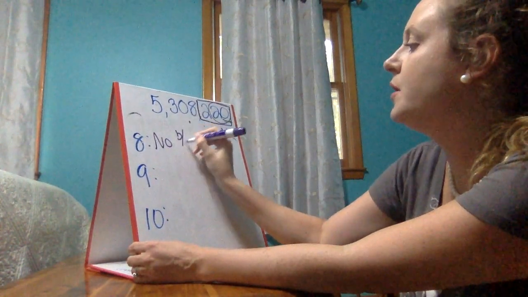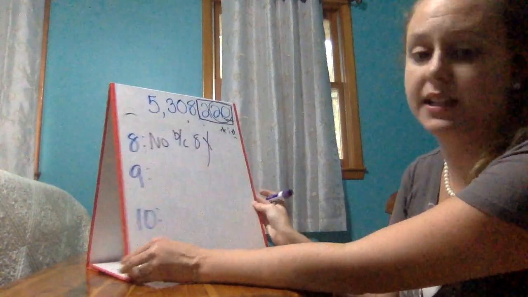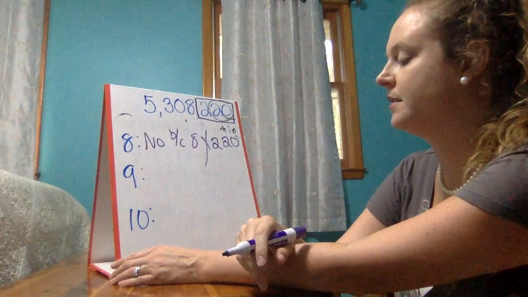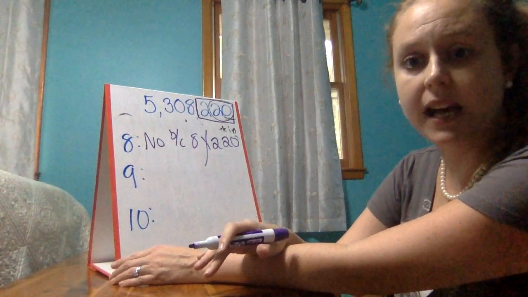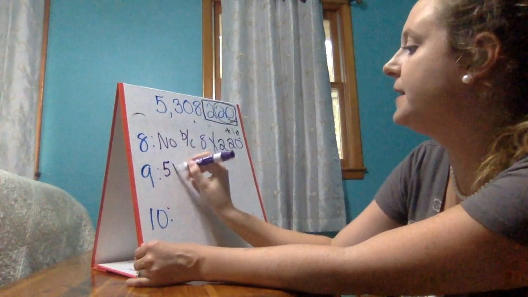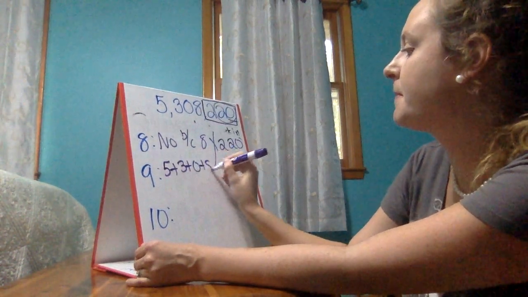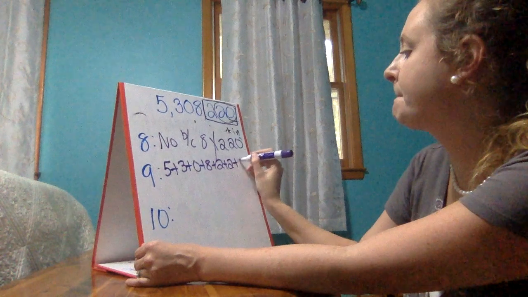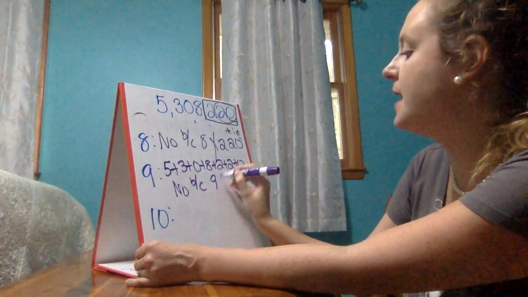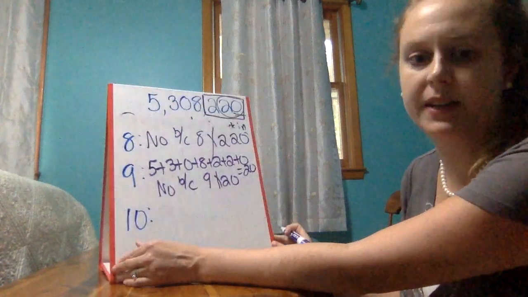So no, because 8 does not divide 220. 9 is the sum. I already know the sum was 20 from above, but I could add them all up. So no, because 9 doesn't divide that sum of 20.